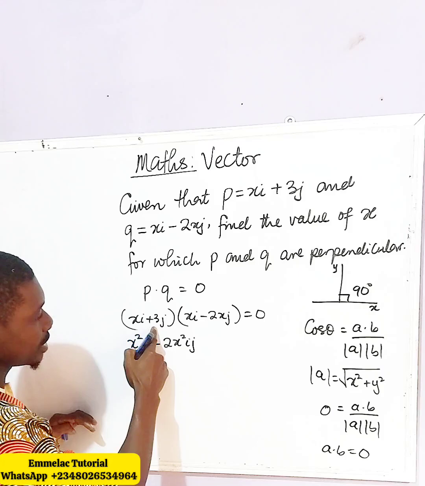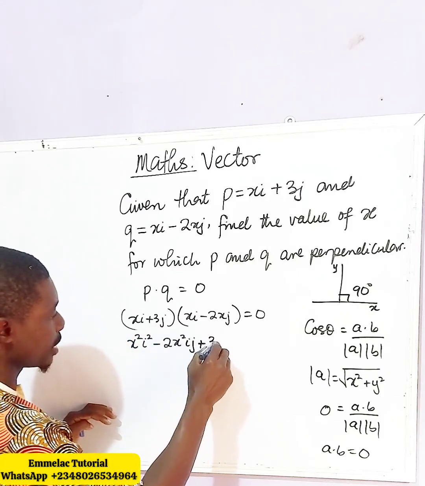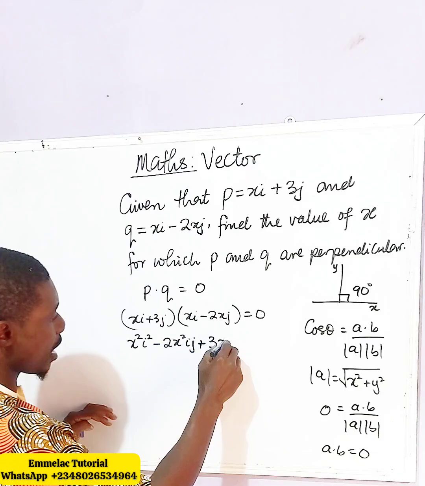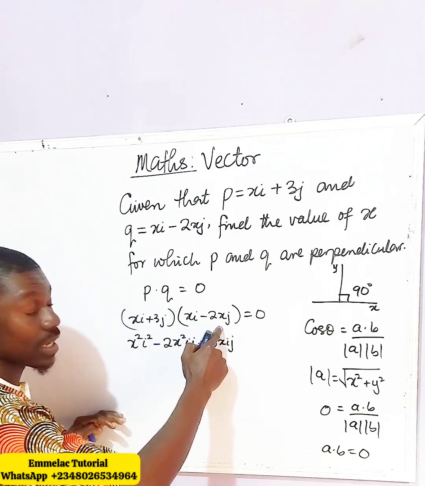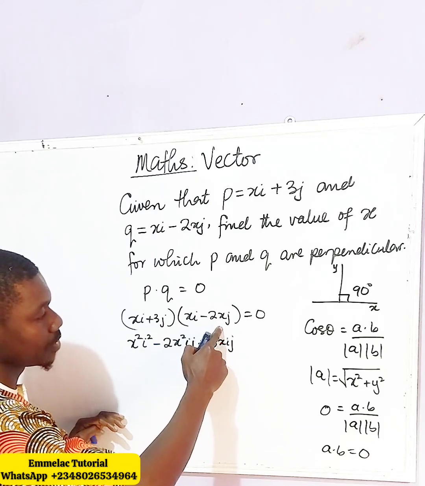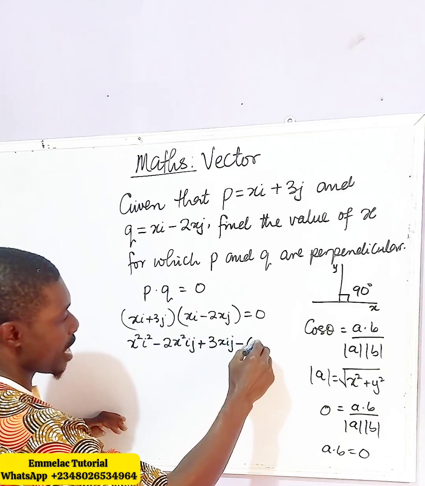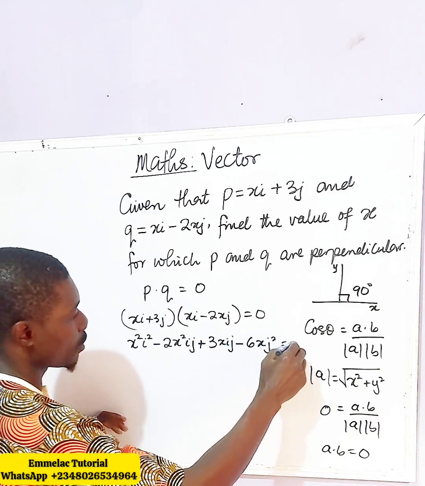The same thing, 3j times xi will give us plus 3x ij, then 3j times minus 2xj will give us minus 6x j all squared, then equals 0.